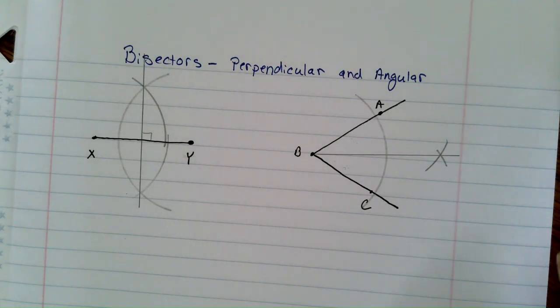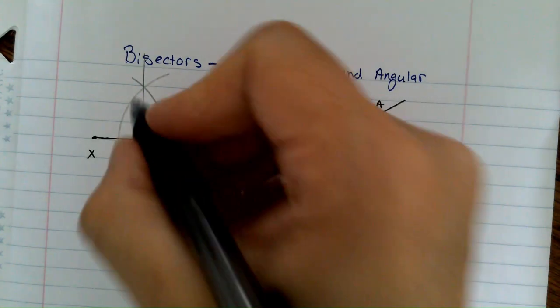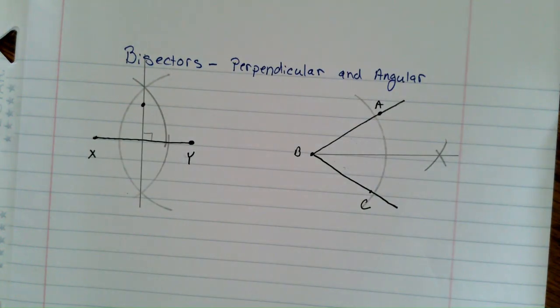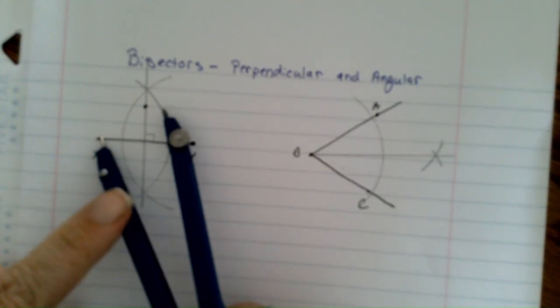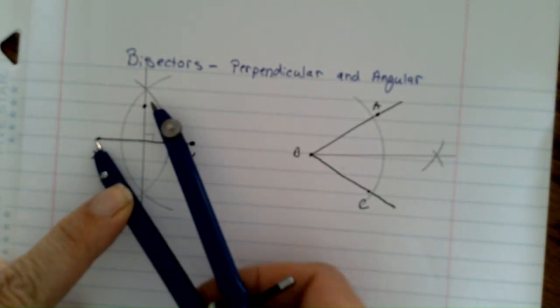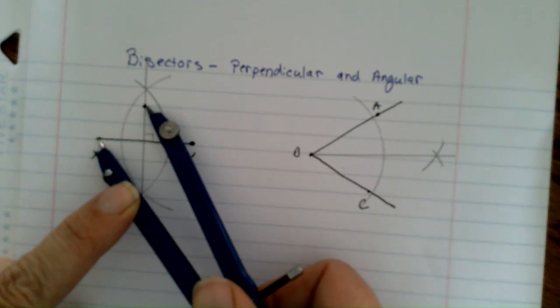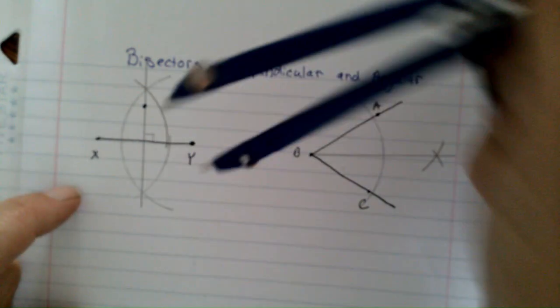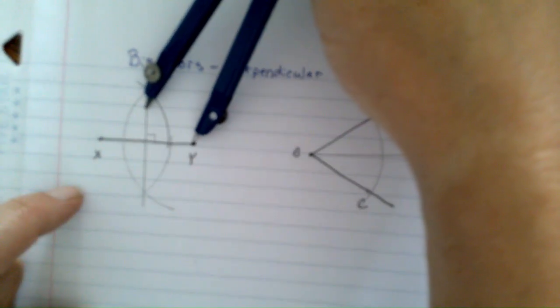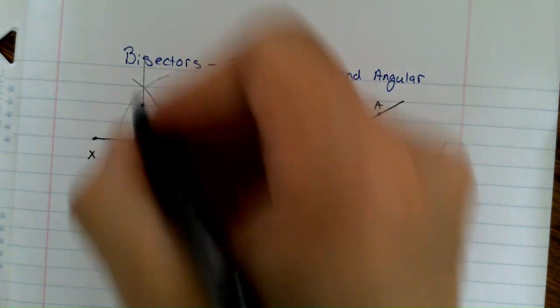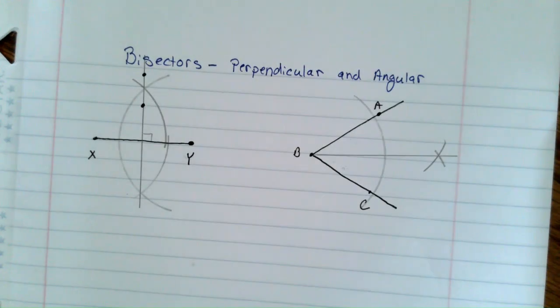Now over here, the neat thing is let's look at this spot right here, that point, as it relates to X and Y. So, looks like I gotta shrink my compass down. That's how far it is from X. It's the same distance from Y. What about this point up here?